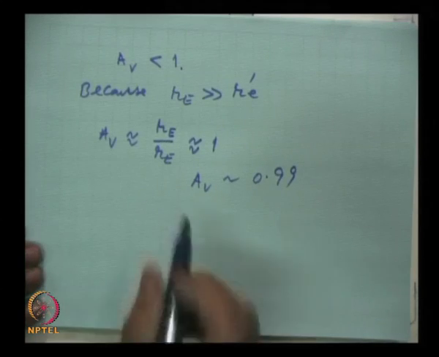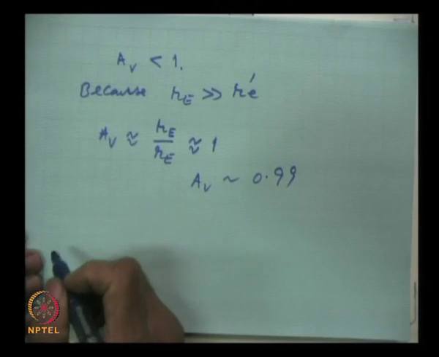Now we will talk about the phase relationship between the output and input. That means, whether there is a phase reversal or not in this amplifier. We have seen that in the common emitter amplifier there is a phase reversal. That means the output has a phase difference of pi with the input.